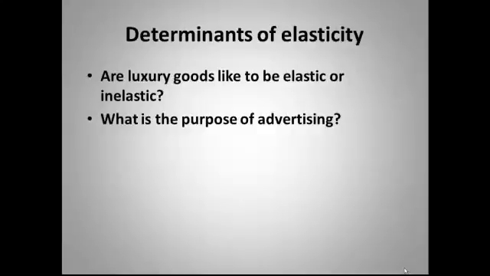And what do advertisers want to have happen to the demand curve? Remember, they're not particularly eager to lower their price to have you move up and down on the demand curve, but they would like to see demand increase. Remember, tastes are determinants of demand. So if they want demand to increase, which way do they want the demand curve to shift?